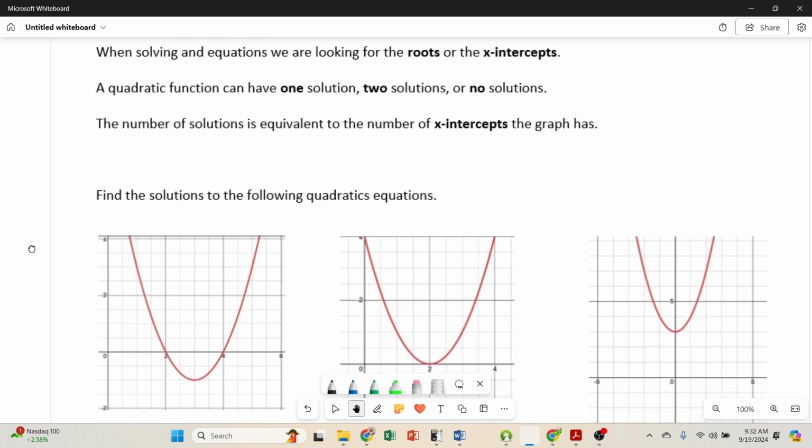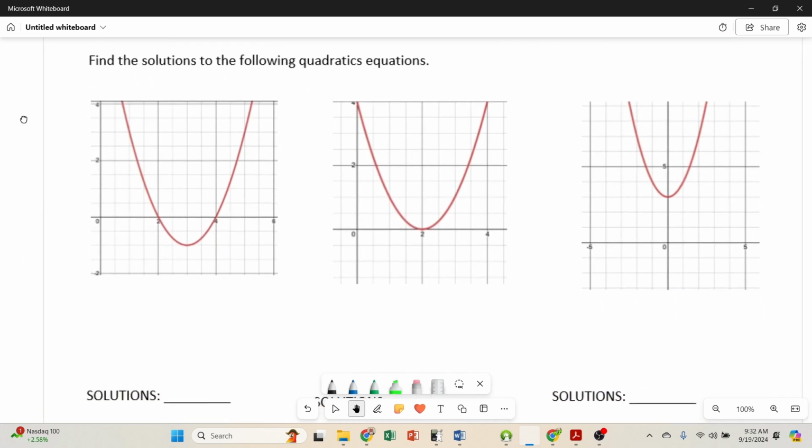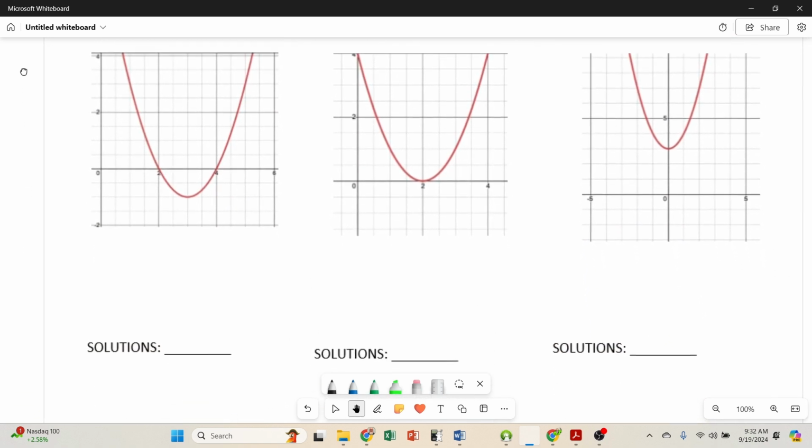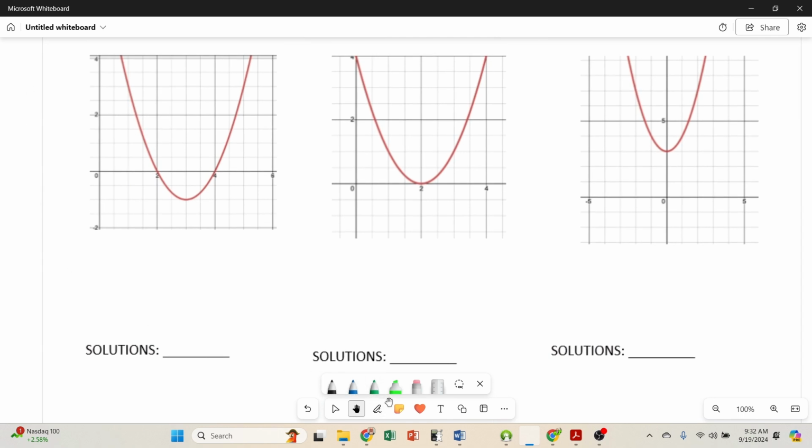So we're going to take a look at these scenarios here. I have three graphs. Our first graph crosses the x-axis here at positive 3 and positive 4, so we have two solutions here.